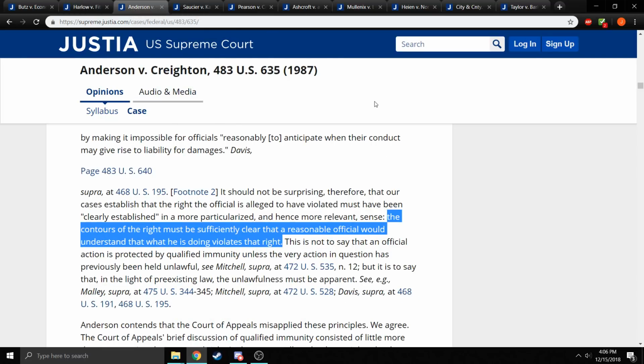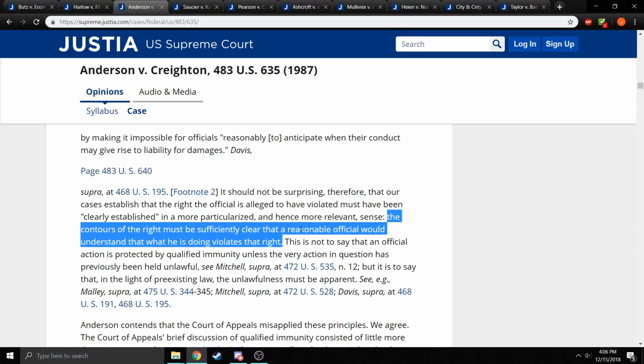The next stop is Anderson v. Creighton. The holding in it is that the contours of the right must be sufficiently clear, the right that is being violated. It must be sufficiently clear that a reasonable official would understand that what he is doing violates that right. So this is important. If the official was reasonable, that reasonable official would know they were violating a right.